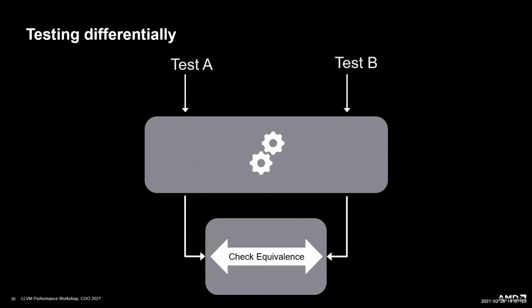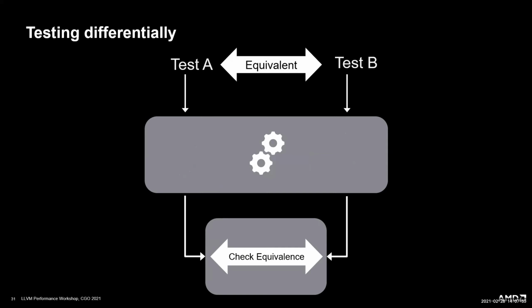But let's say we have two tests on a single system, and somehow we have to make these two tests equivalent. So what we did is we mutated the first test in a way that created another test which is equivalent. So we can create mutations which generate equivalent test cases, and this equivalence is defined by the system.